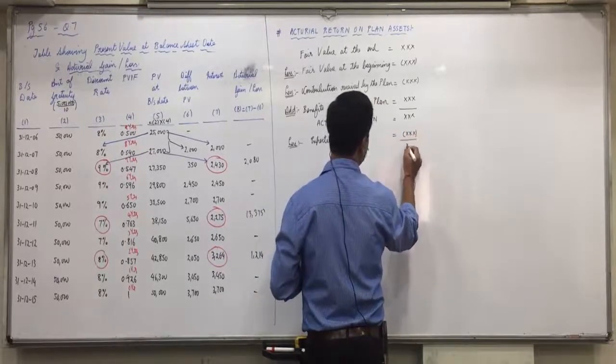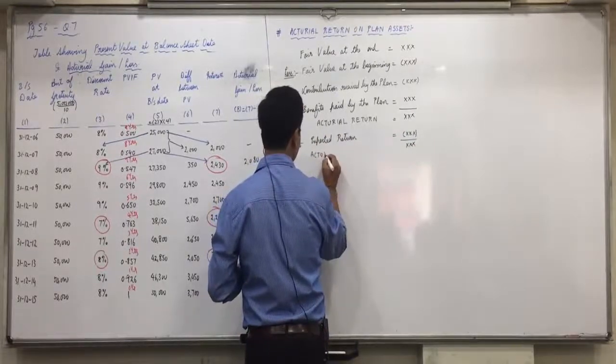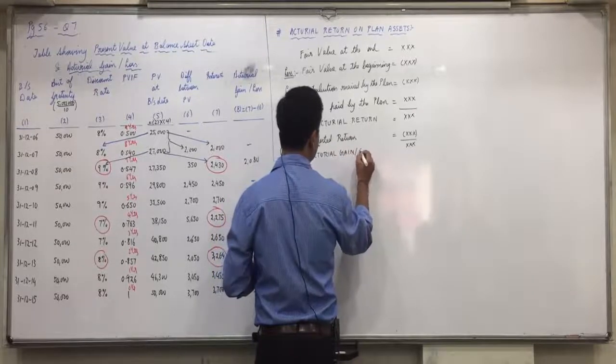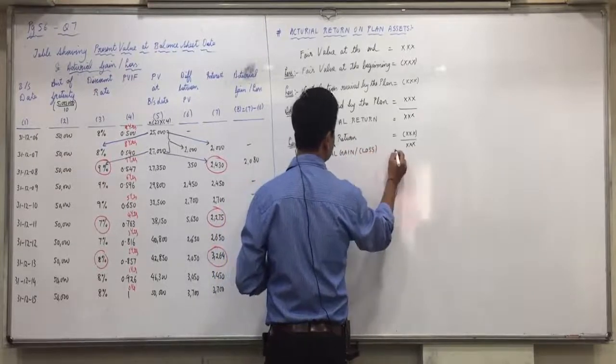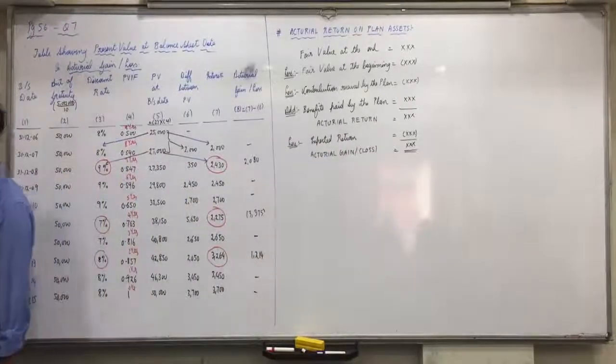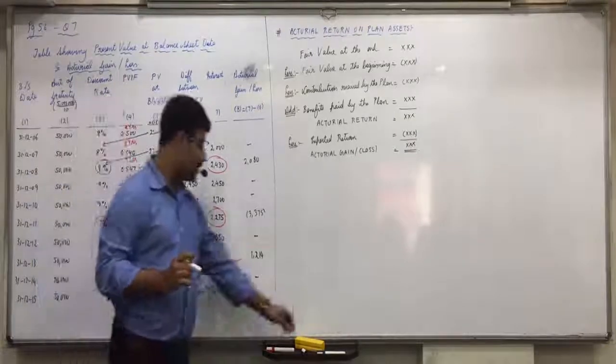Difference: if you receive more, it is actuarial gain, and if you have received less, then it is actuarial loss. Negative is loss and positive is gain. So this is how we'll be finding actuarial return on planned assets.